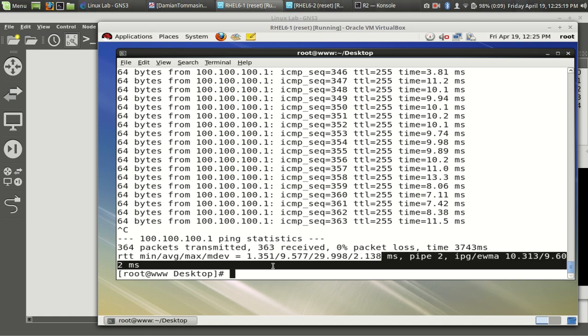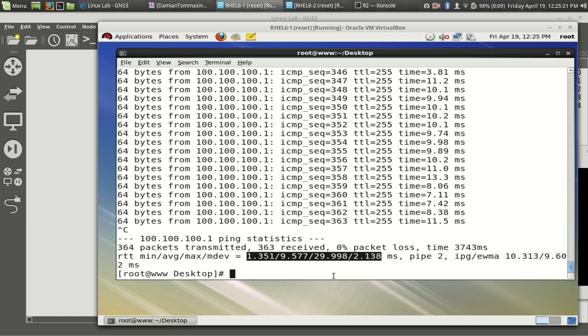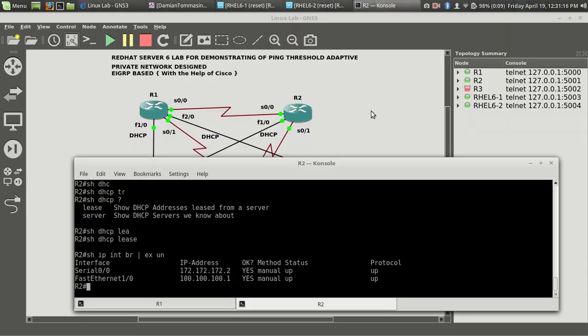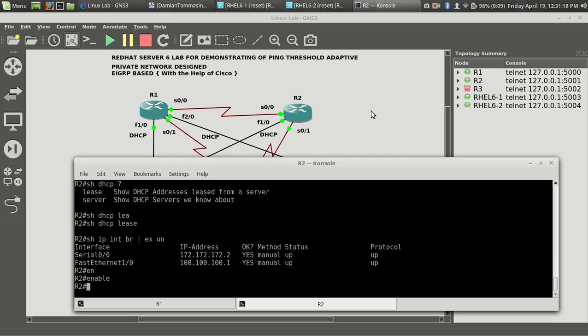This is the RTT value. What if I use a simple ping? Then what is my RTT value? So this is the difference. This is the number of seconds. Okay, fine, friends.